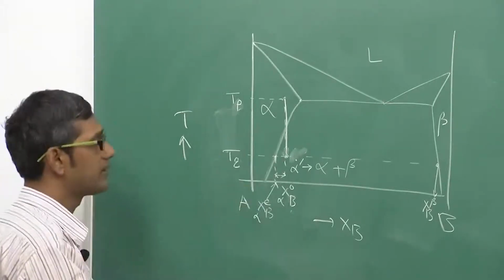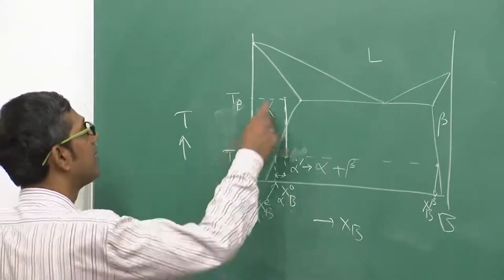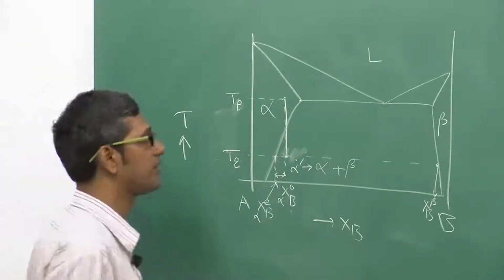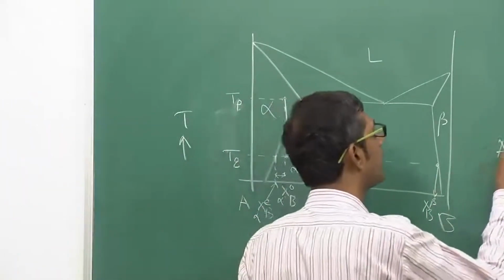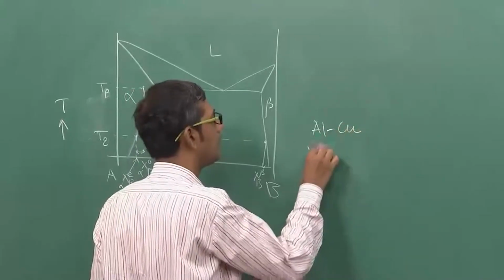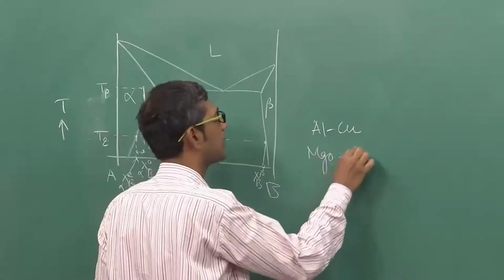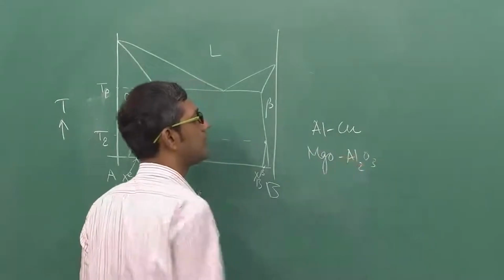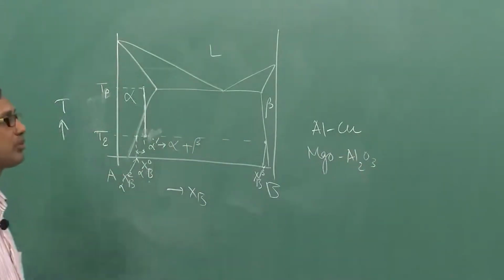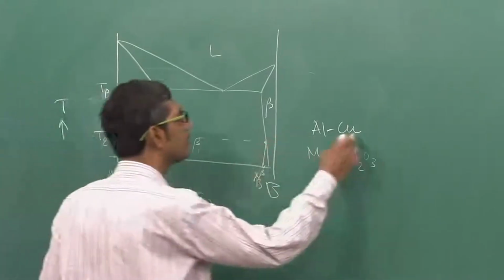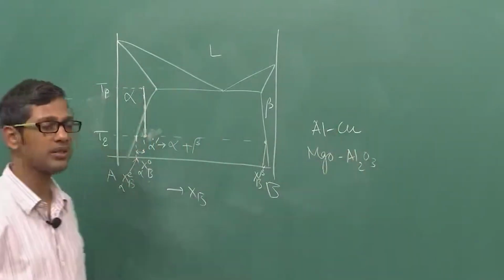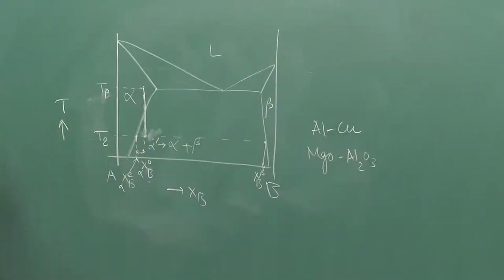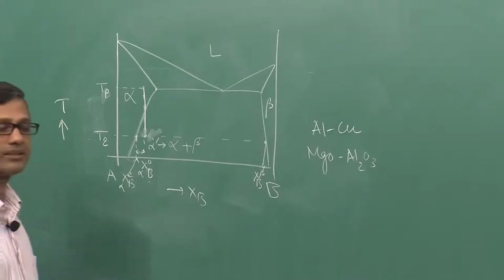These are the two classical systems, one metallic and one ceramic, which show precipitation hardening extensively. So we are going to discuss mostly the aluminum copper system and tell you how nucleation and growth actually happen in the subsequent lectures.